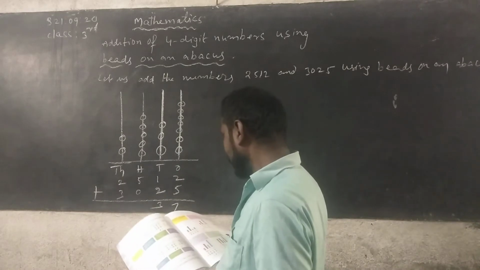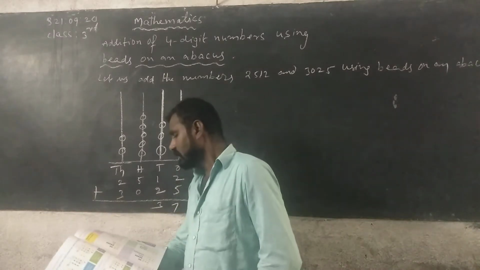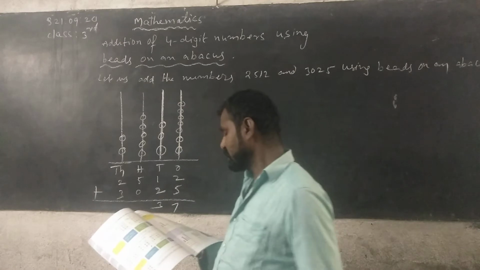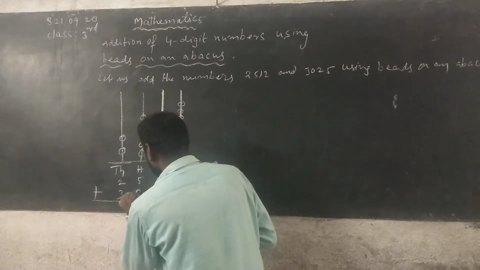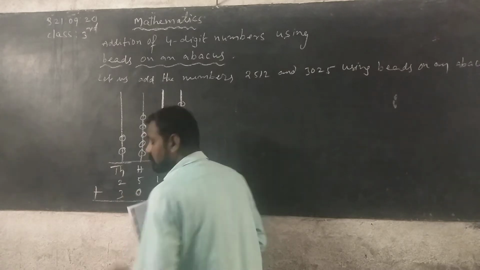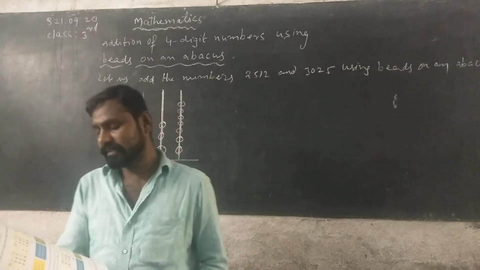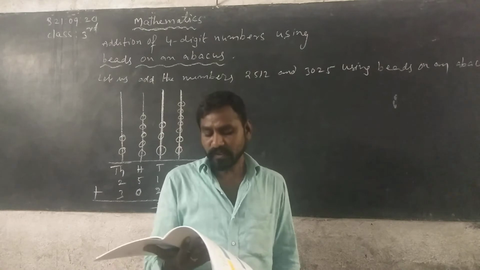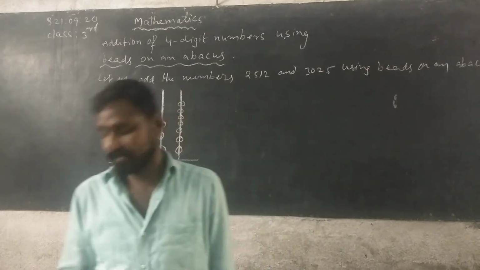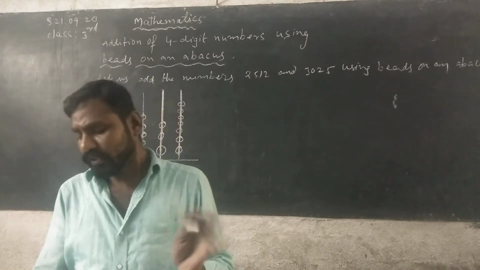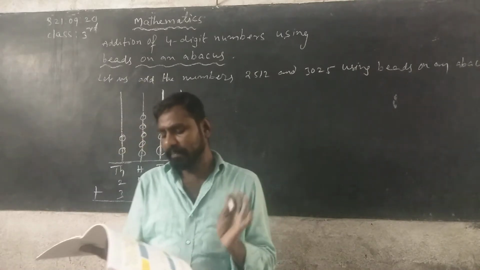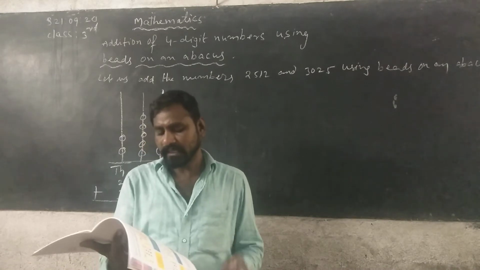Now next one, there is 0 in the hundreds place of the second number. So no need to add any beads. 0 means nothing, so you need not add any beads on the hundreds spike of the abacus.